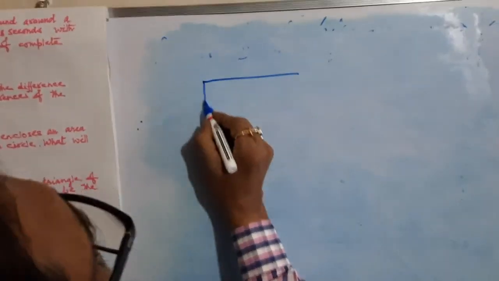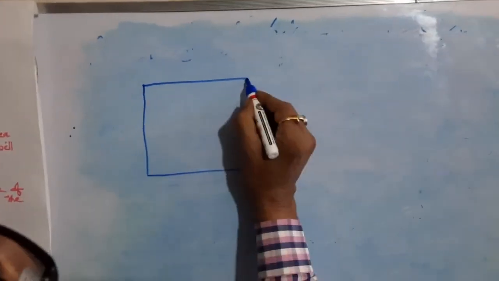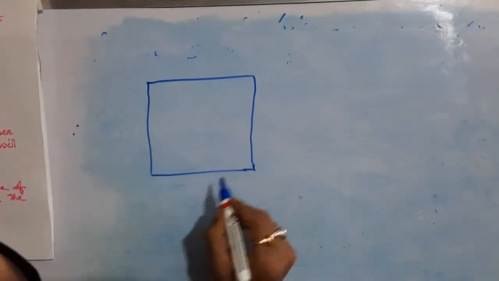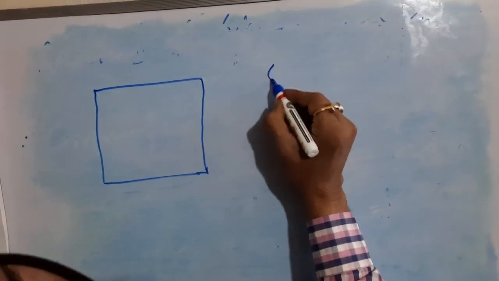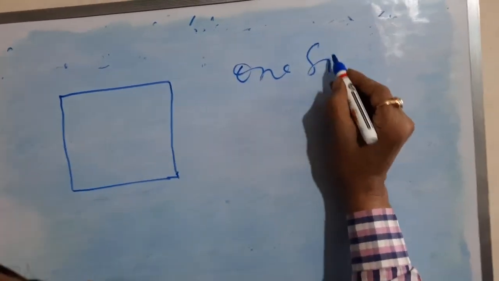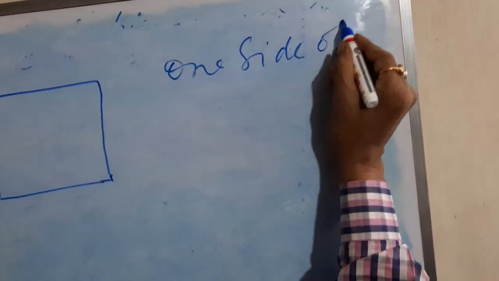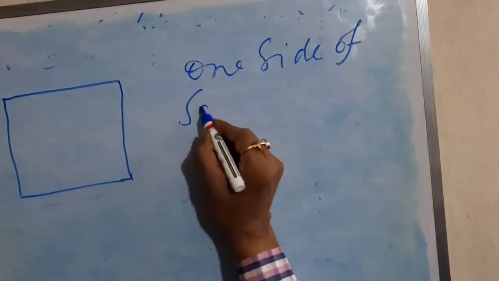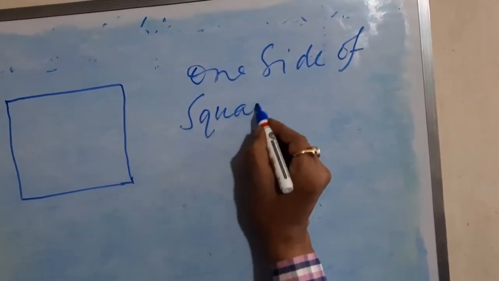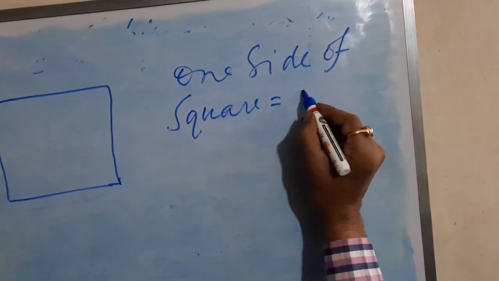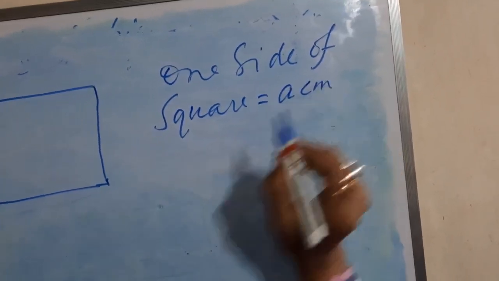Let us suppose that one side of the square is equal to a centimeters.